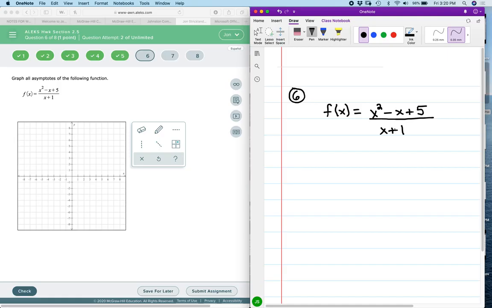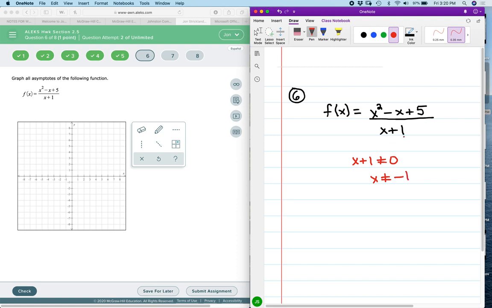Okay, in the case of problem number 6, we're looking at graphing all the asymptotes of the following function. So here we have f of x is equal to x squared minus x plus 5 all over x plus 1. In terms of the domain, x plus 1 cannot be 0 in value, and from this, x cannot be negative 1.